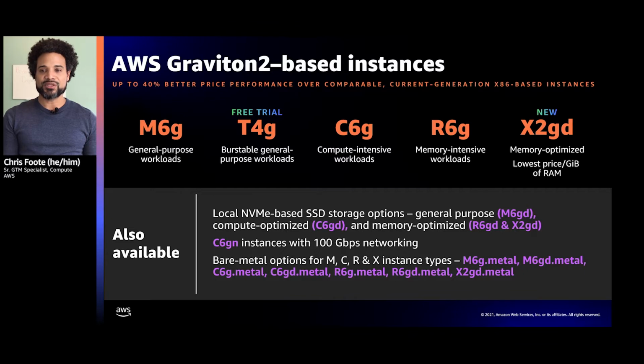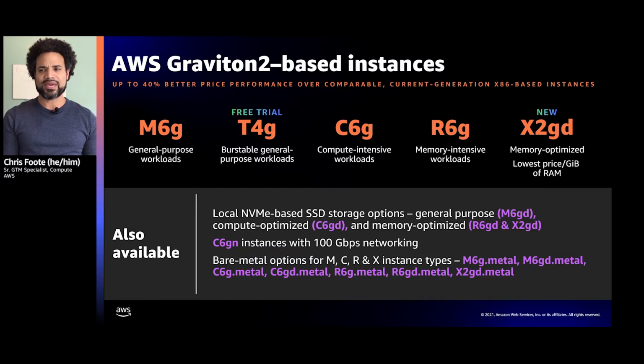So to dive deeper into AWS Graviton, there are a variety of different instance types available. This is the second generation. And the second generation of Graviton-based instances offers up to 40% better price performance compared to current x86-based instances today. There are a variety of different types, as we mentioned. The M6Gs are suited for general purpose workloads.